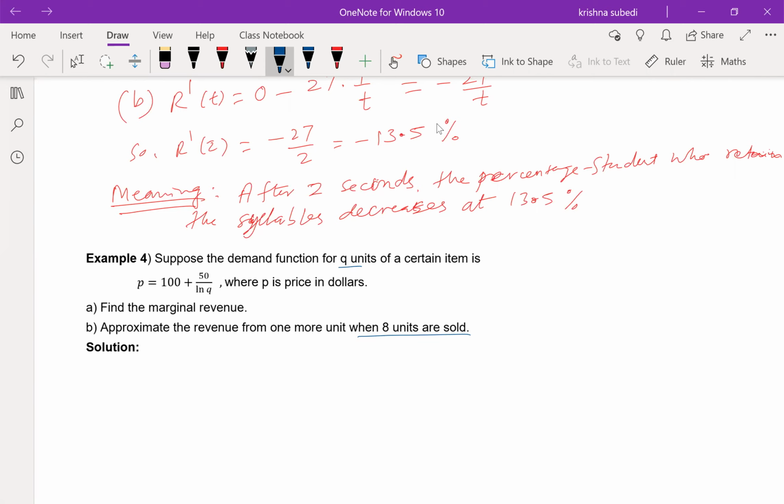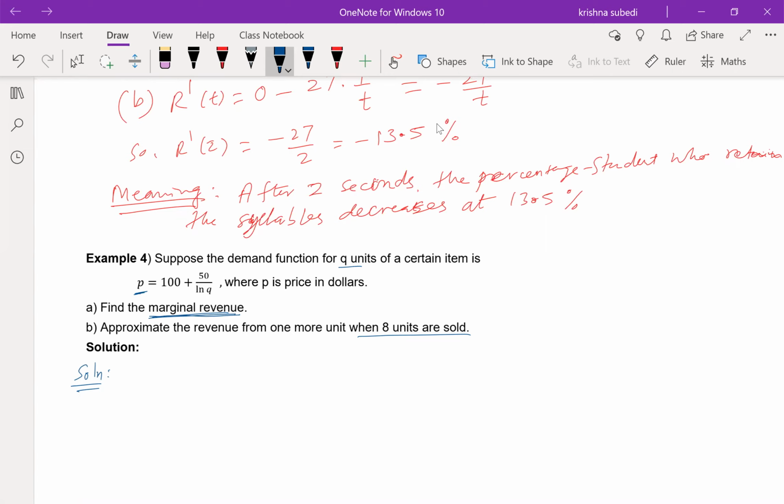Okay, guys, so let's try this. First of all, you see the price is given and we need to find the marginal revenue. In order to find the marginal revenue, we need a revenue function.